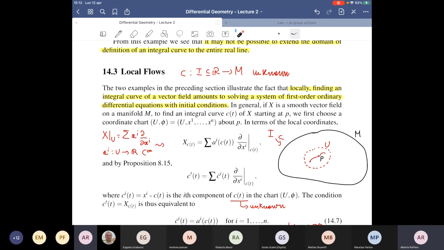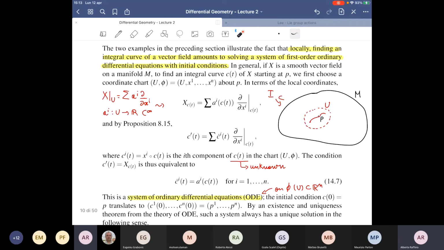This is what you already saw last time, and what we are requiring here is that this unknown curve satisfies the condition C prime of t, so its derivative, equals X of C of t. So we are comparing these two, we are requiring that they are equal, and as you can see from the second members of these identities, this is equivalent to saying that the time derivative of the component c_i of t equals the function a_i of C of t.